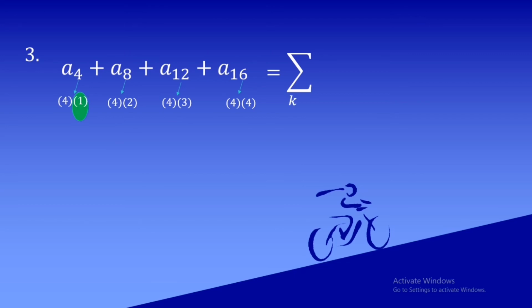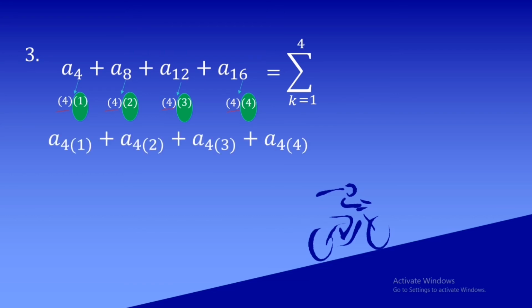So we have the k here as the lower bound up to the upper bound, that is 4. Since we have the same numbers, we can write a sub 4 as our formula of the terms of the summation. Then we have the index, lower bound up to upper bound, that is k.